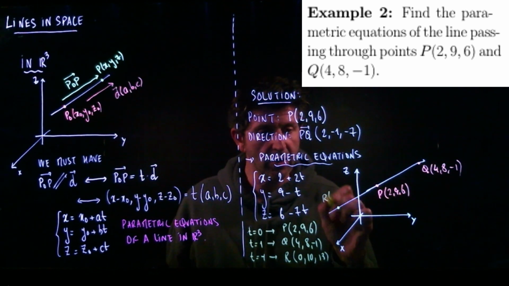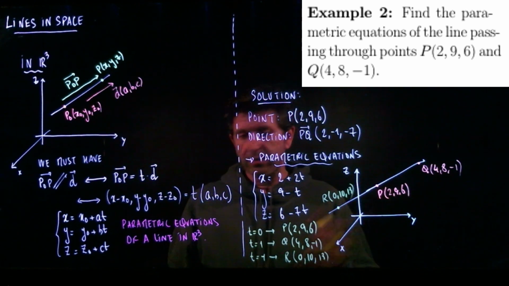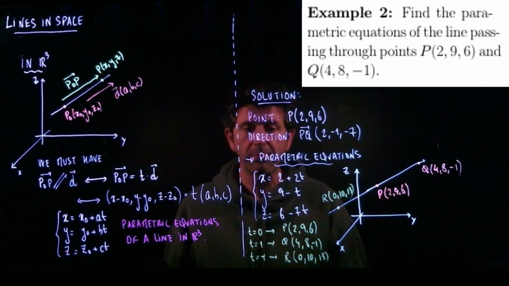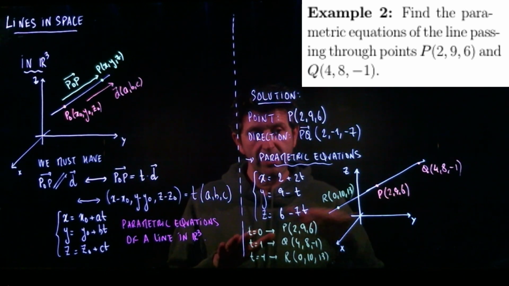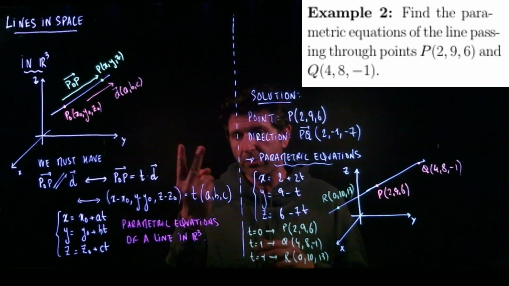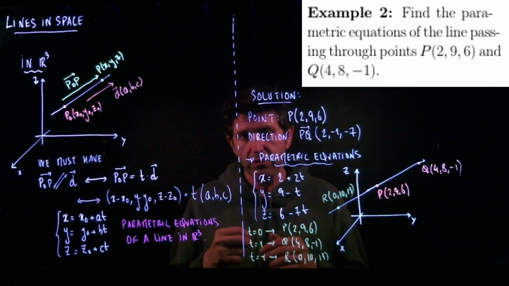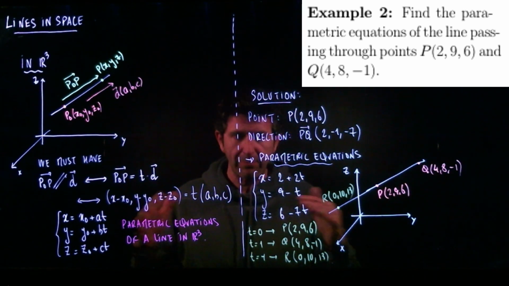I could keep going forever, generating different points just by plugging values into parameter t. You will see soon in the course that we'll parameterize surfaces with the same idea, except there will be 2 parameters, of course, because a surface has 2 dimensions. We'll get to this when we talk about the dimension of spaces.